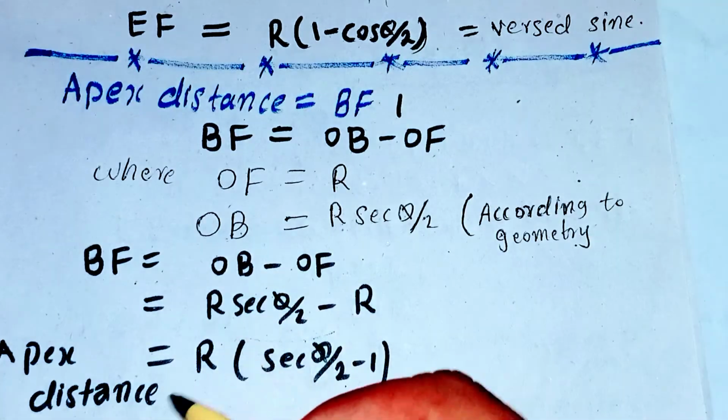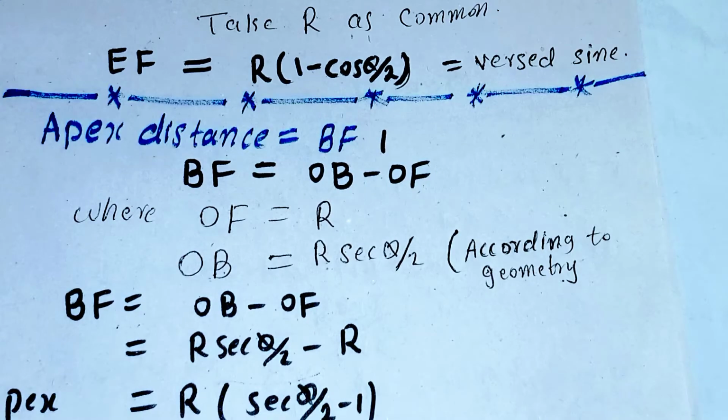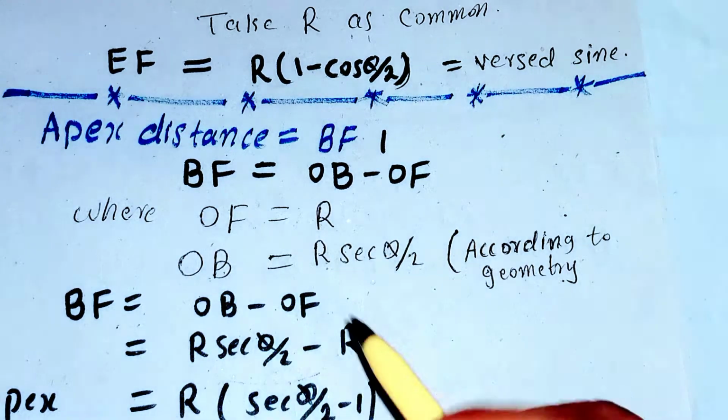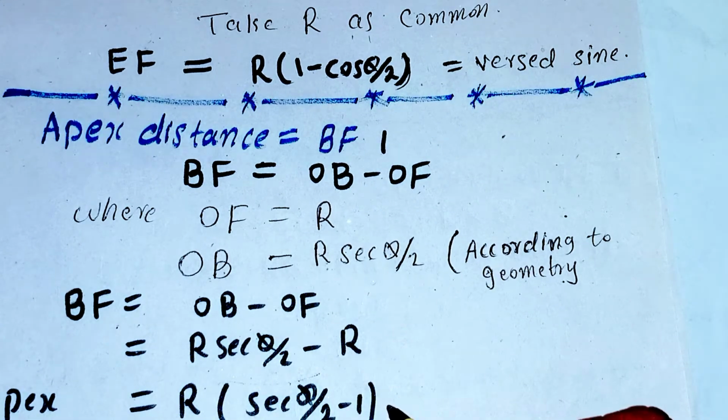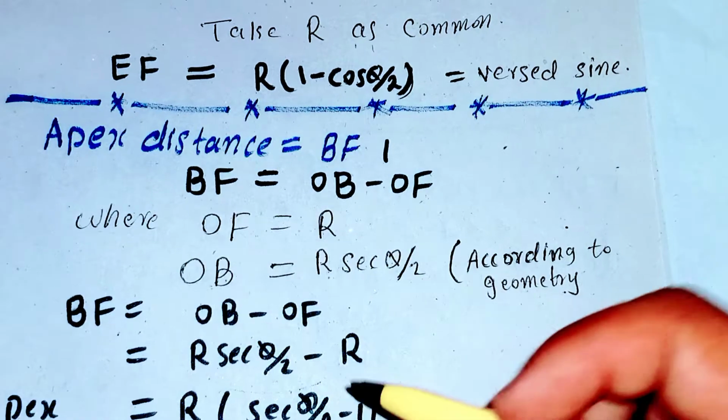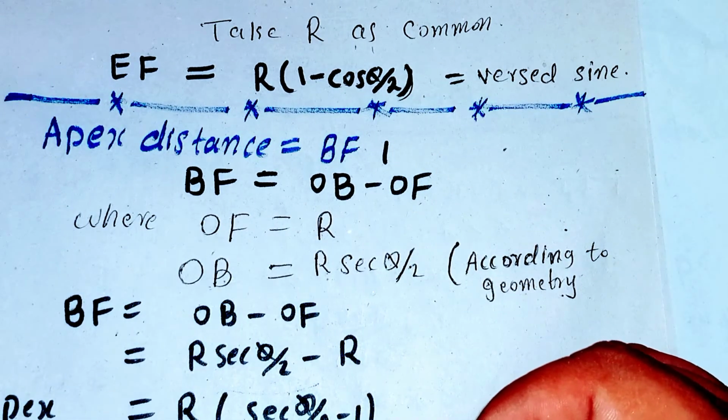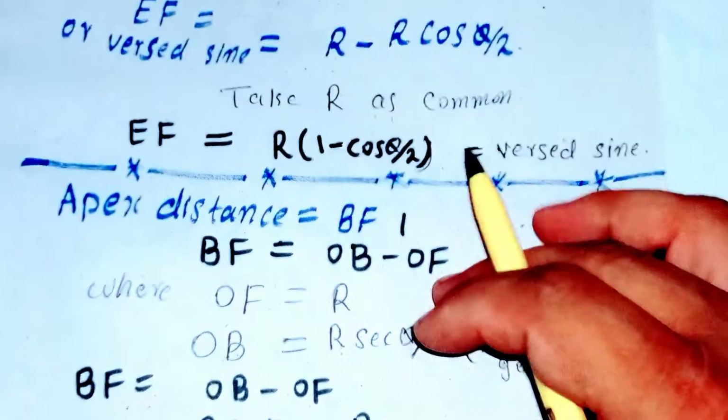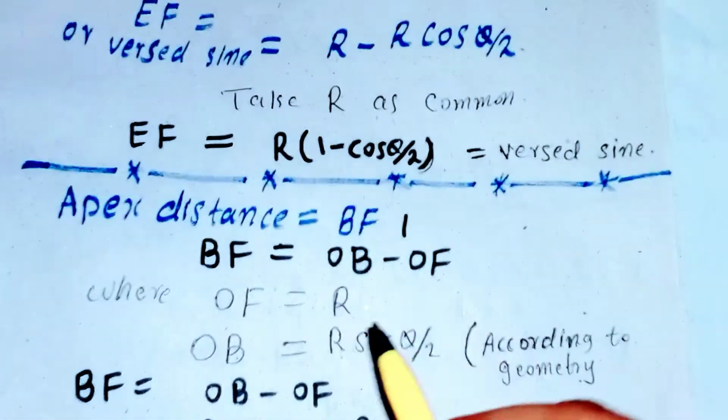Again taking r common, the apex distance is equal to r into secant theta divided by 2 minus 1. This is the formula for calculating the apex distance, and this was the concept of this formula. I hope that you will clear your concept.